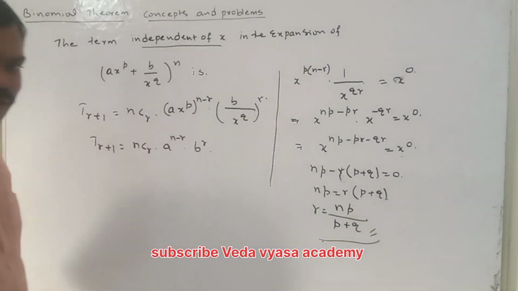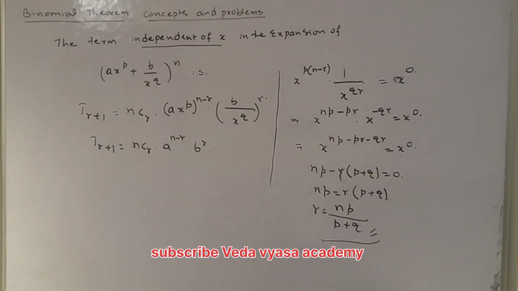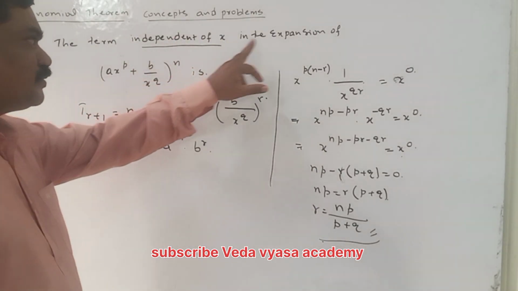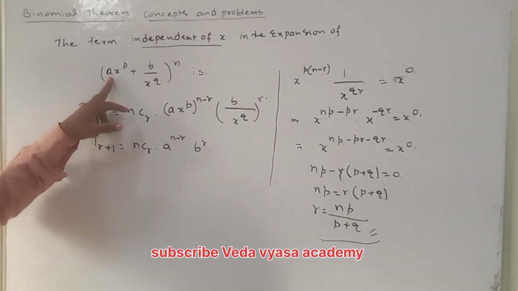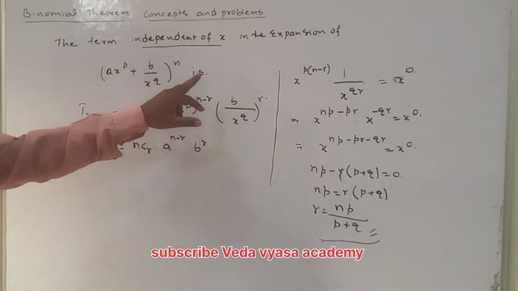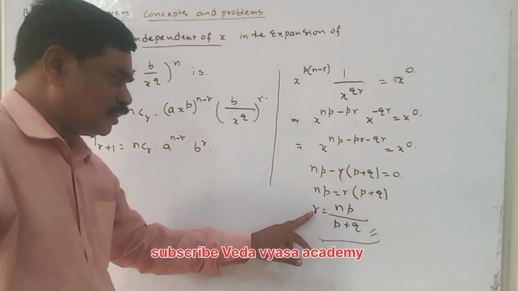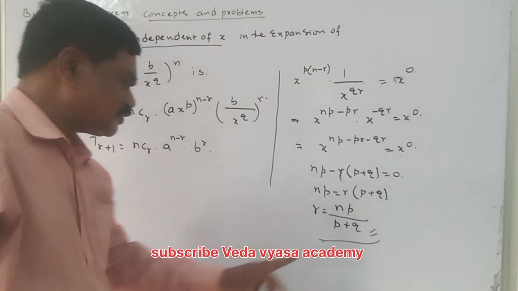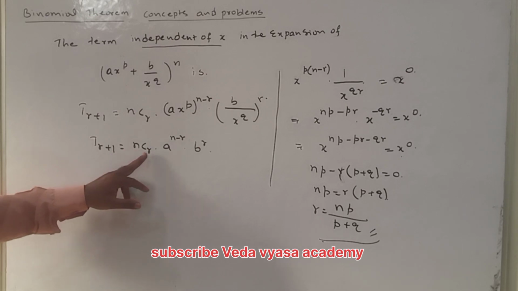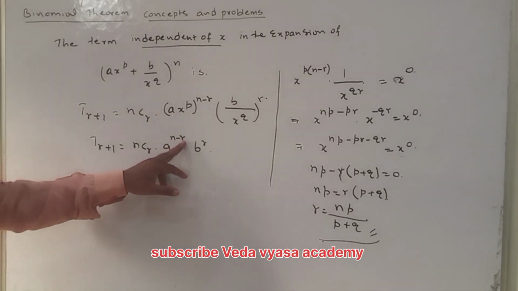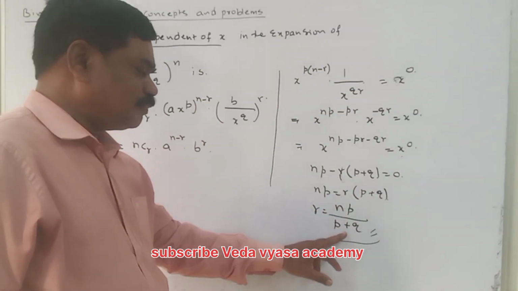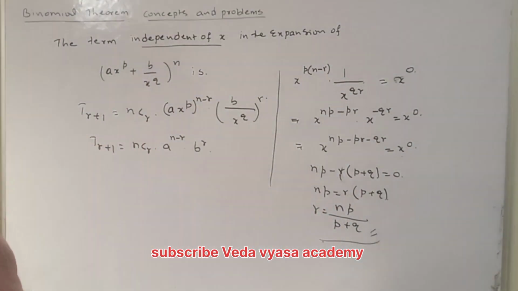The term independent of x in the expansion of (a x^p + b/x^q)^n is for r equal to np by (p plus q). The general term T(r+1) is equal to nCr a^(n−r) b^r, where r is equal to np by (p plus q). Okay, all of you. That's all.